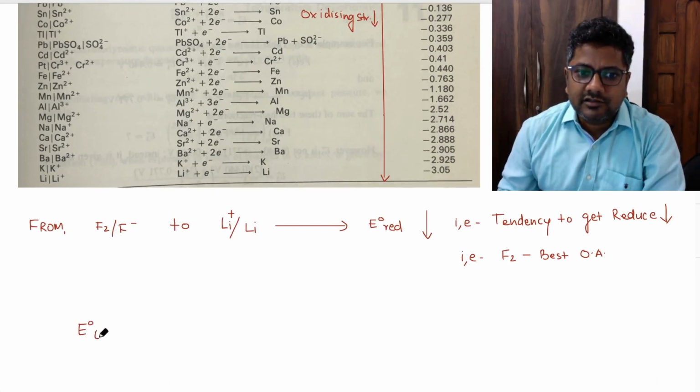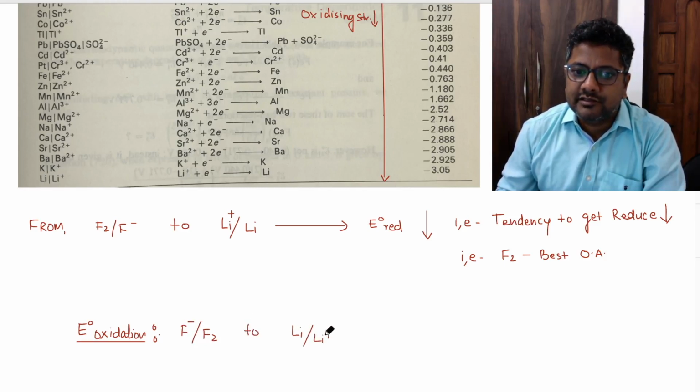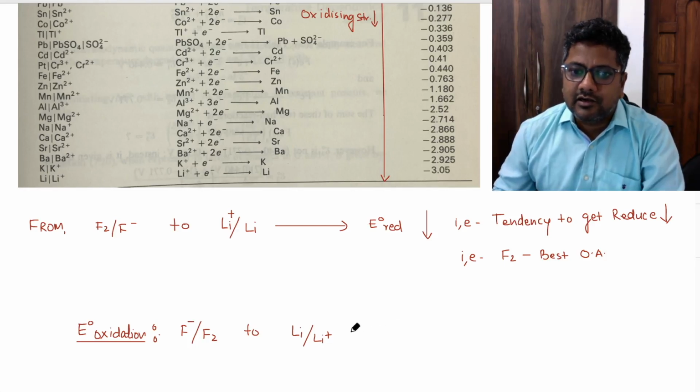E naught oxidation. If you observe E naught oxidation, the couple will change. So F minus to F2, to Li to Li plus, the E naught oxidation increases.